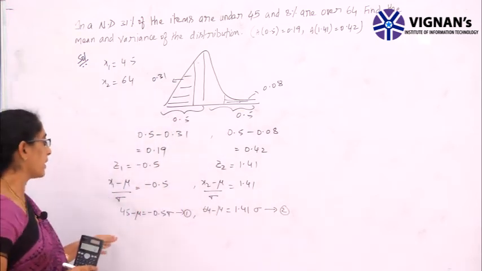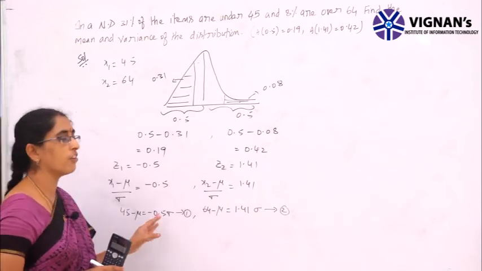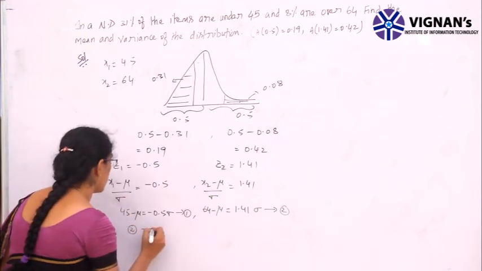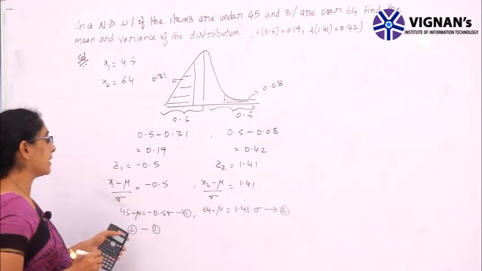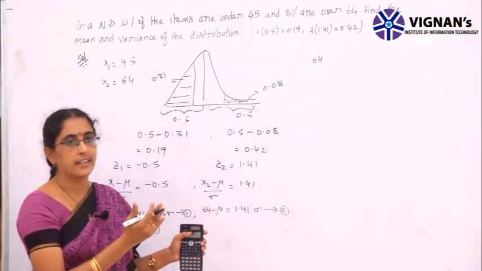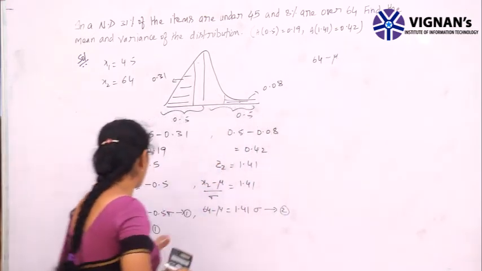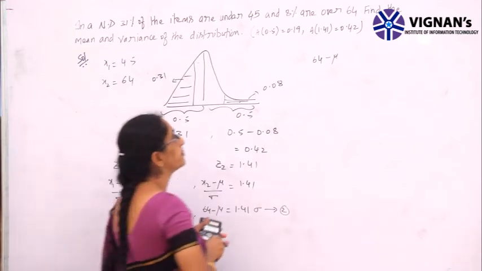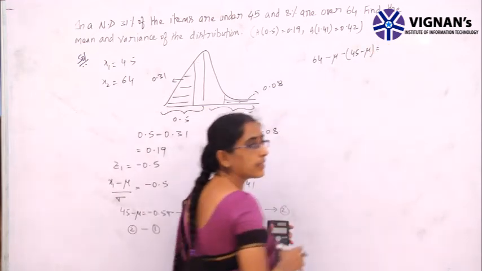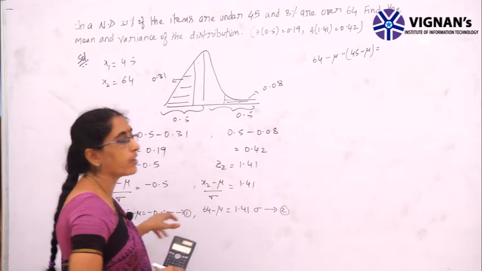Okay, now you can consider 1 minus 2 or 2 minus 1, anything here to get the values of mu and sigma, right? So if I apply 2 minus 1, then what happens? Equating the left hand side and the right hand side, 2 minus 1 means 64 minus mu, minus of 45 minus mu, is equal to 1.41 sigma minus of minus 0.5 sigma.